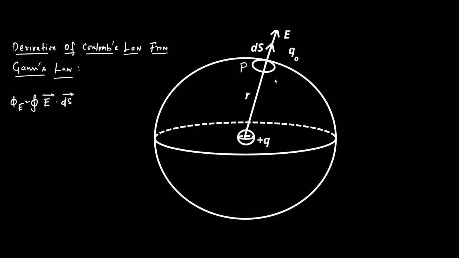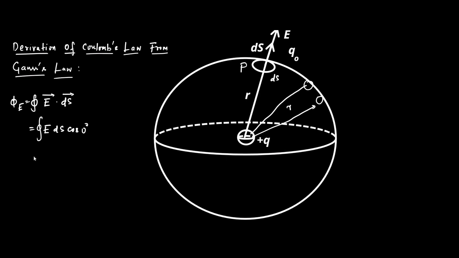If we take a small surface ds for this, as they are along the same line, it becomes E ds cos 0 degree closed surface integral, and as the distance of this point from the charge is the same for all the other points on the spherical surface, they are at the same distance r, so the electric field will also be constant, because all the points on the spherical Gaussian surface will be at the radius distance apart.